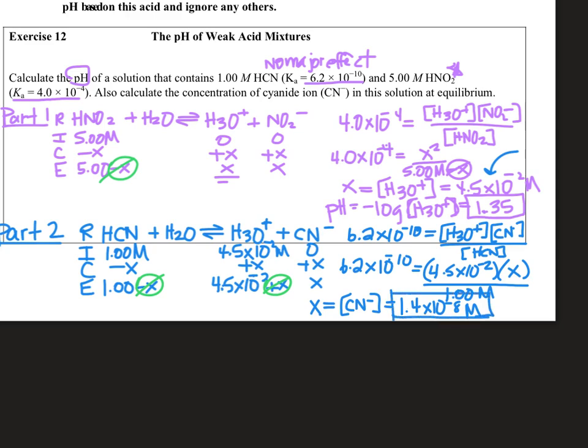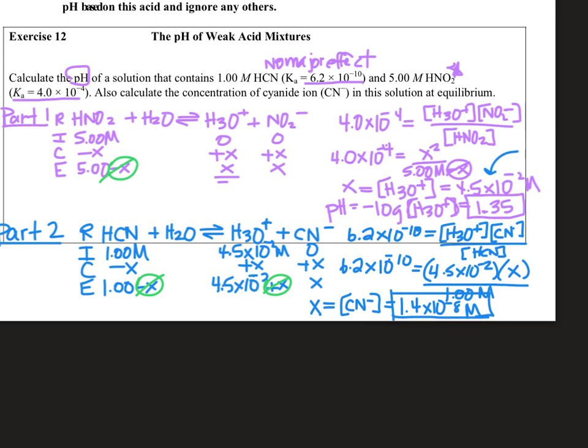Now, think about that. If we took that quantity from the H3O plus, is it going to change 4.5 times 10 to the negative 2? No. So if I came back over here and calculated my concentration of H3O plus, adding that in is not going to make much of a difference to the concentration of H3O plus I got from HNO2.